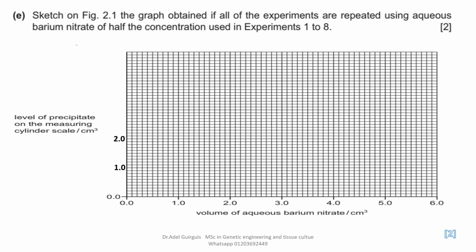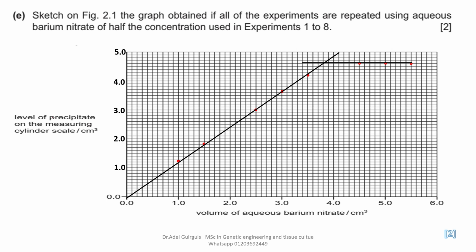Now for letter E, sketch on figure 2.1 the graph obtained if all of the experiments are repeated using aqueous barium nitrate of half the concentration used in experiments 1 to 8. Look at the graph, here are the original 8 points. Now what will happen?